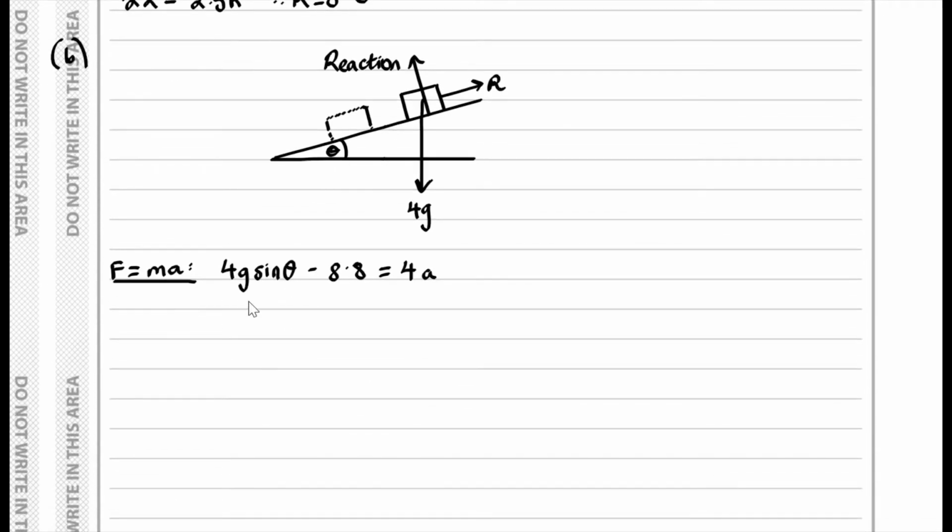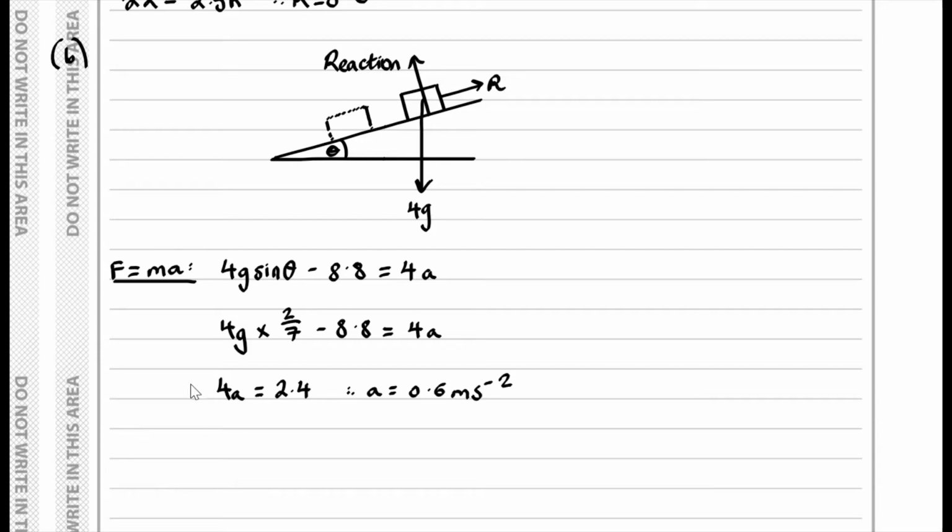So we've got 4g times 2 over 7 minus 8.8, and this is equal to 4a. You'd find that 4a equals 2.4. Of course, the acceleration is equal to 0.6 meters per second squared.